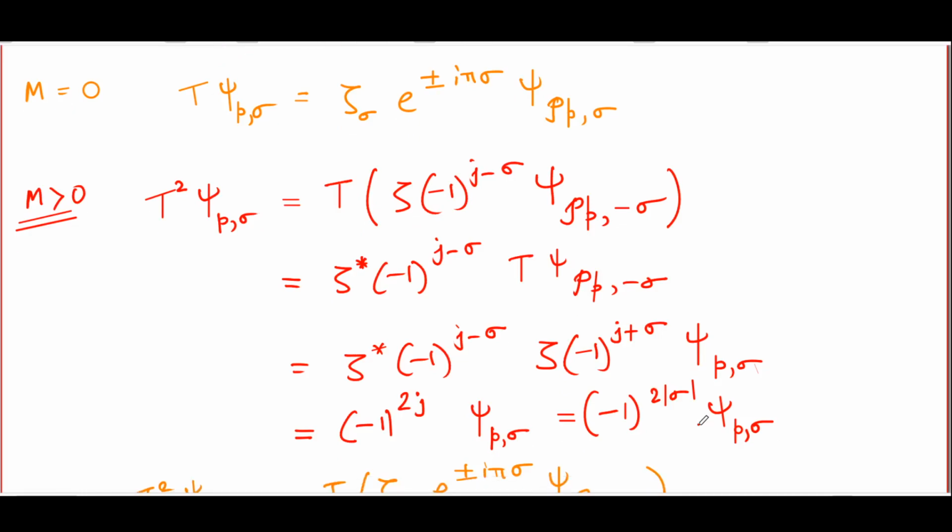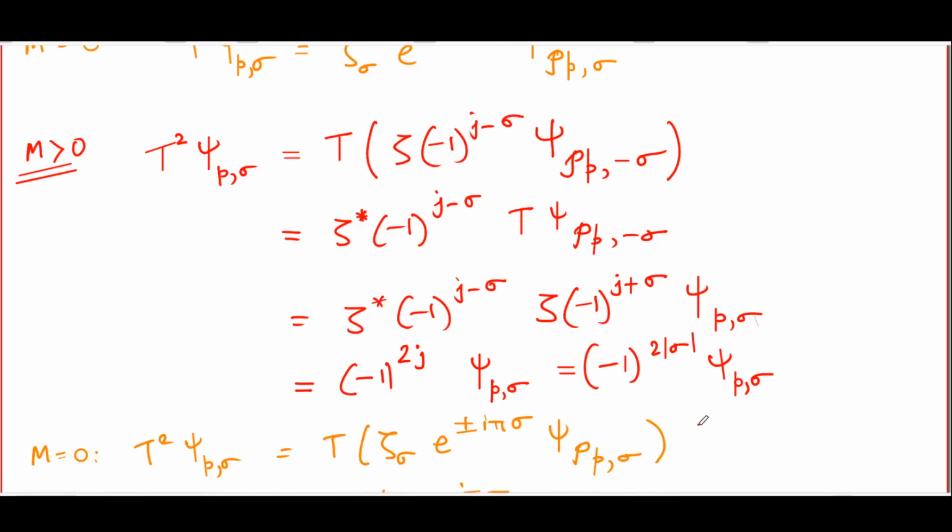For the massless case, we will just apply T squared on psi p sigma. We know that psi p sigma with a single T acting on it gives you zeta sigma e to the plus or minus i pi sigma psi, and in this case the momentum changes to curly p p, but the spin sigma stays the same.